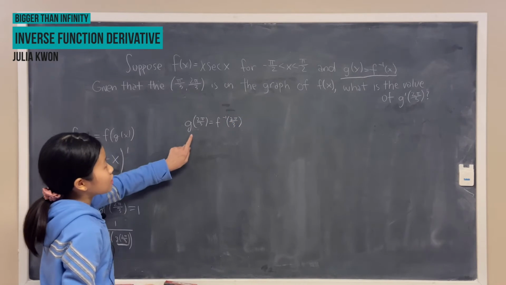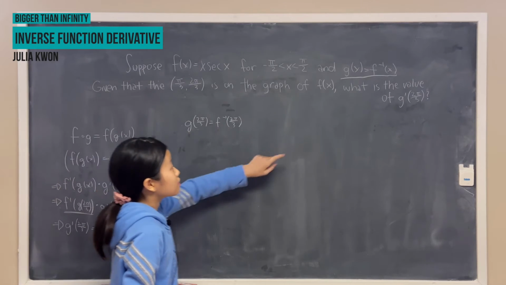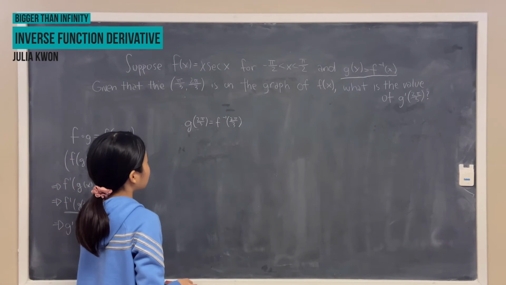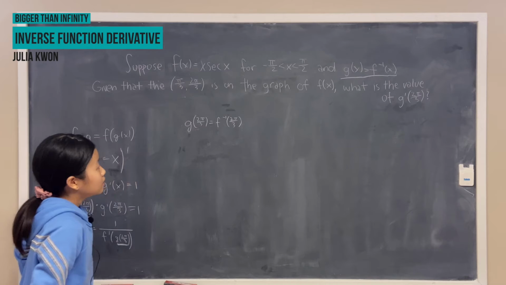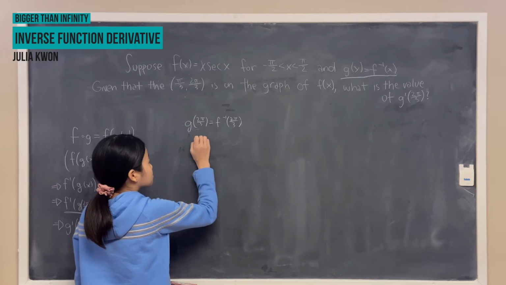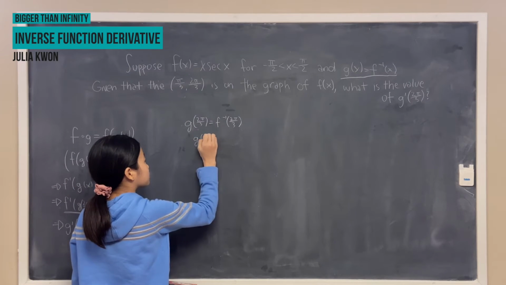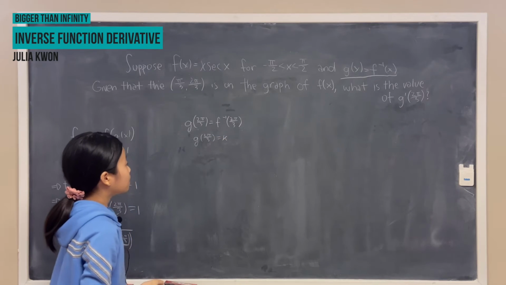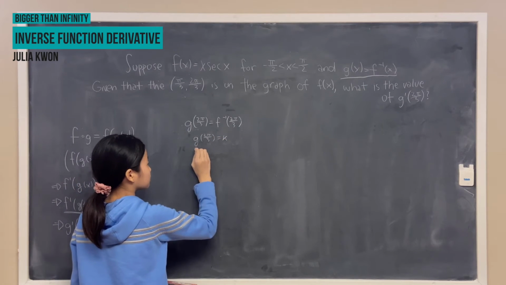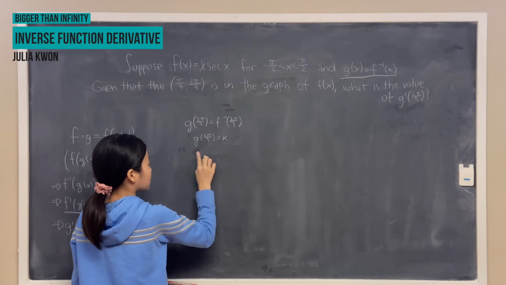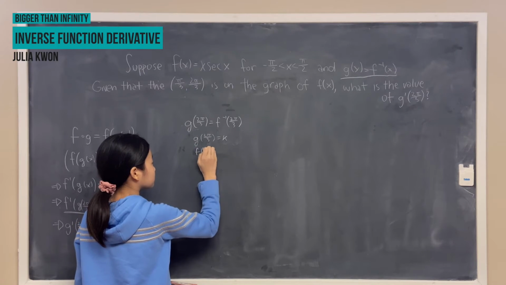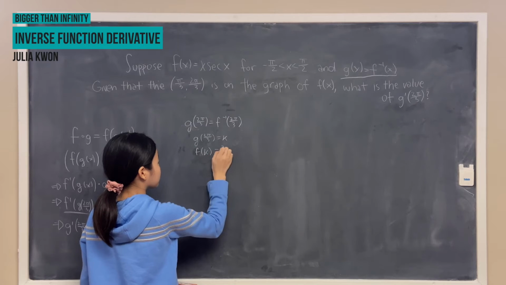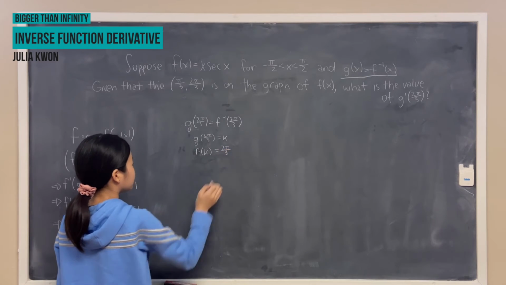Because g is the inverse of f. So if we set g of 2 pi over 3 equal to k, then of course f of k would be equal to 2 pi over 3, right?